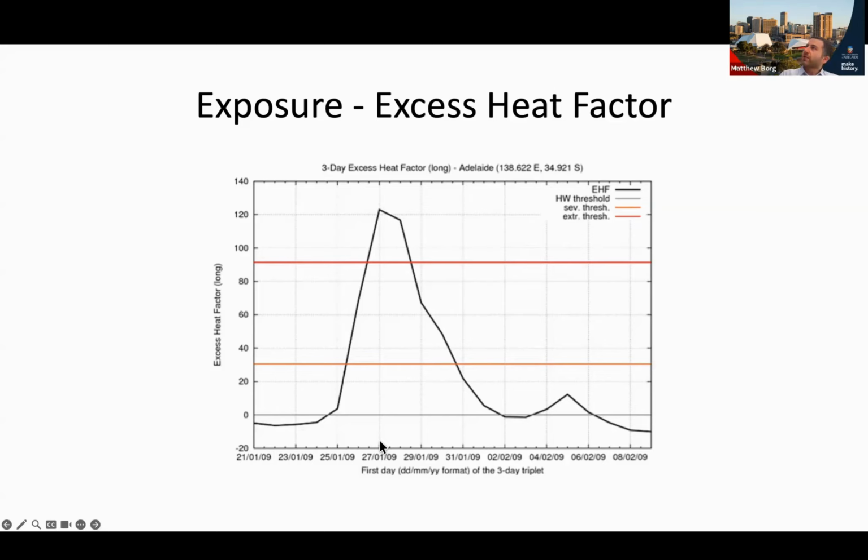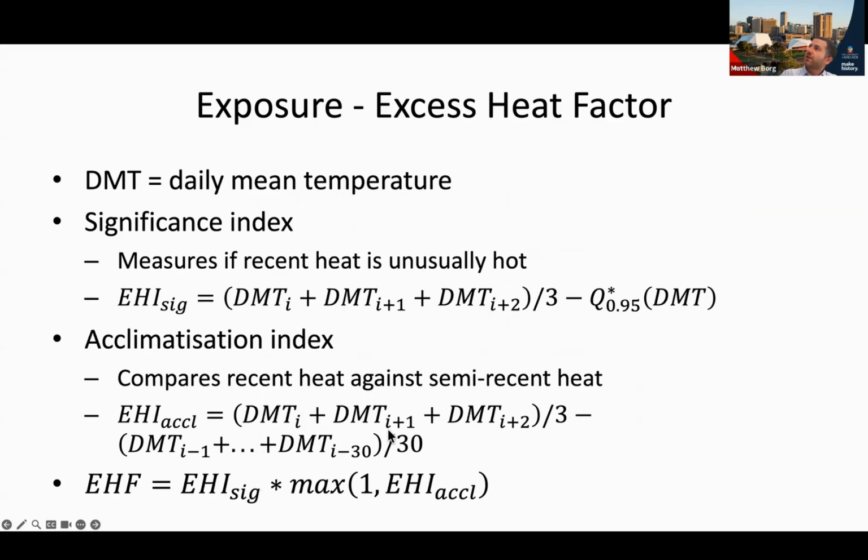So going back to the previous slide, you see here that for EHF to be positive, EHI sig, or the significance index, must be positive. So for that to occur, the 3-day average daily mean temperature must exceed the 95th percentile of temperature values.